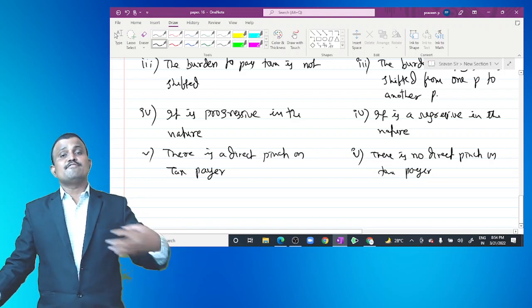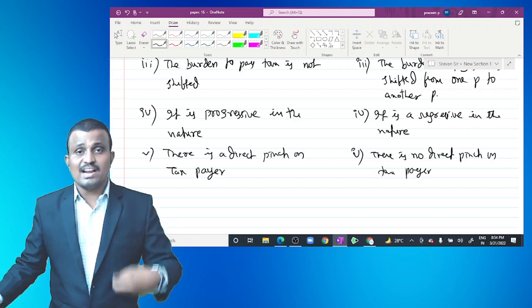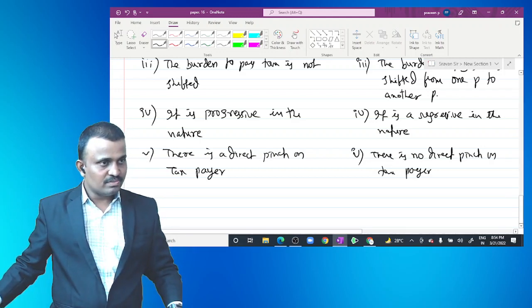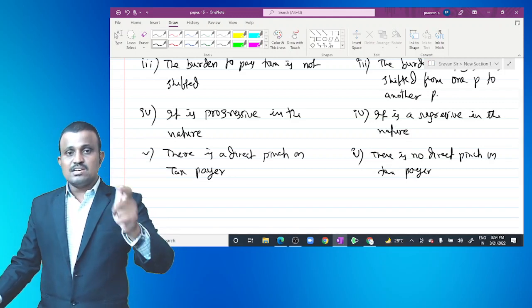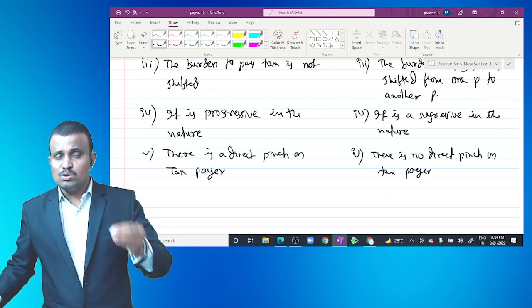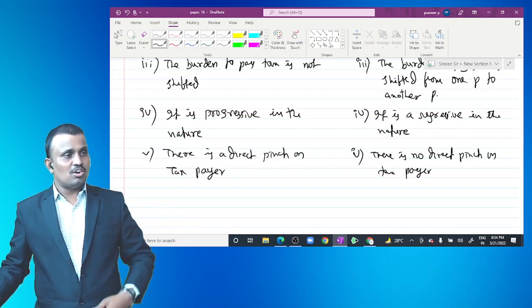For example, if I am a person with an income of around 25 lakhs per annum, I know how much tax I need to pay to the government. If you earn an income of around 50 lakh, then you know how much tax you pay to the government. Because every person who earns income knows the payment of tax to the government.